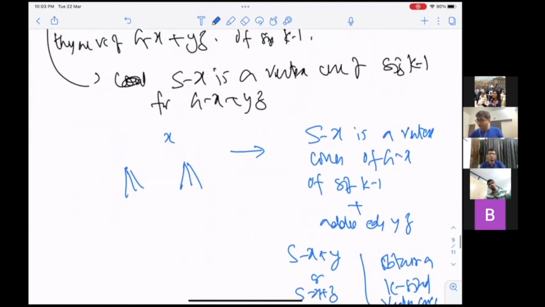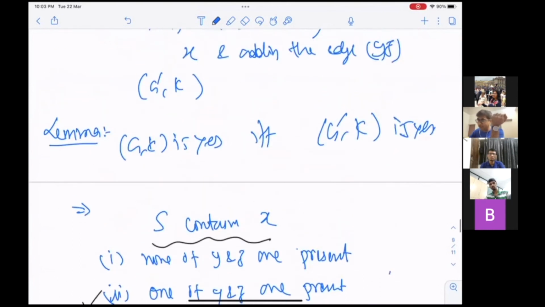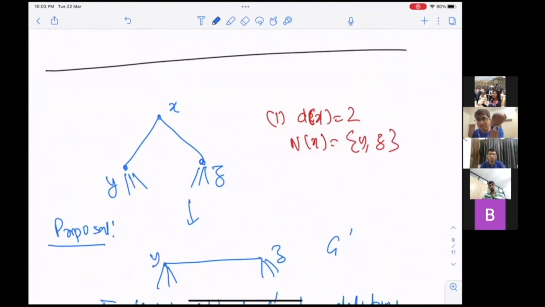Some situations we can handle. For example, in the forward direction, if S contains X, fine. If S does not contain X, that's obvious because then it contains both Y and Z. You added one extra edge, but Y and Z are there, so that edge is covered. So the forward direction will hold irrespective of which case you are in, whether S contains X or not.